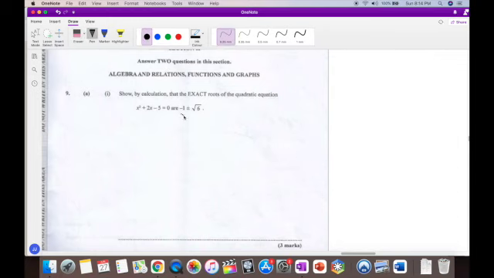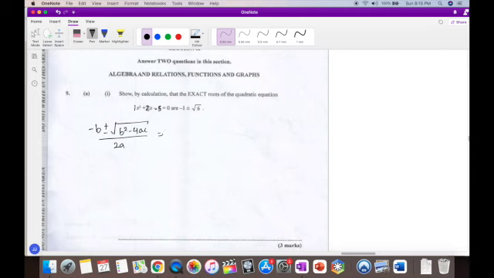We can also see that this plus or minus means that we could use the quadratic formula for this. So let's try using the quadratic formula. Recall, the quadratic formula is minus b plus or minus the square root of b squared minus 4ac, all over 2a. We can see here this is a, this is b, and this minus 5 is c.